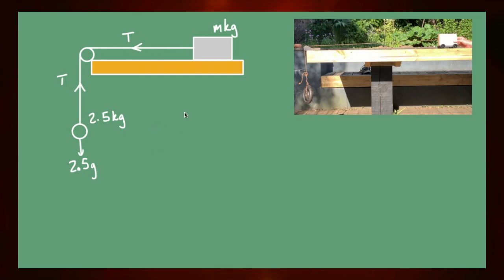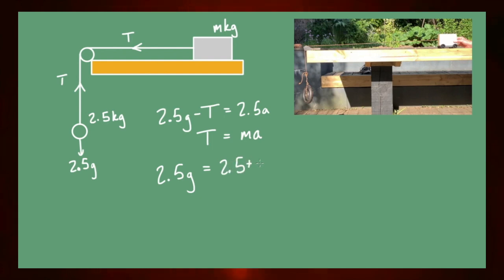Now, if I write an equation, as I already have, of 2.5g minus T equals 2.5a, and I write my second equation for my second particle, which remember, last time it was T equals 0.3a, but now it's T equals ma. If I combine these equations, I end up with 2.5g equals (2.5 plus the mass of my second particle) times the acceleration.